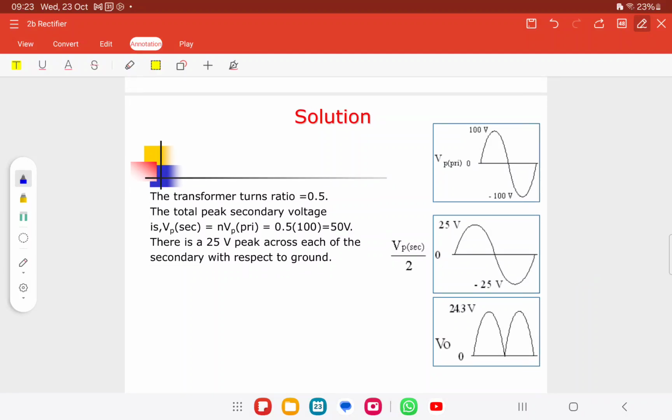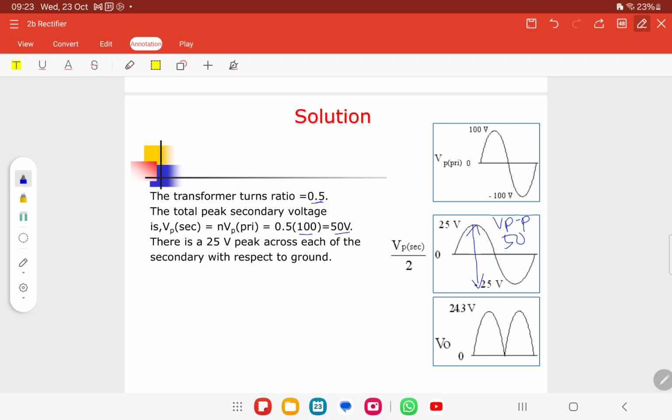Okay, for this one 0.5 darab dengan 100, so dapat half. Lepas tu bila half, sebenarnya the half 50 tu adalah V peak to peak. Okay, V peak to peak.